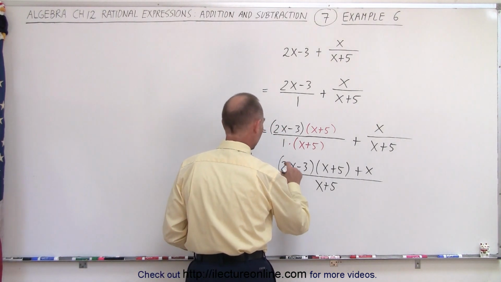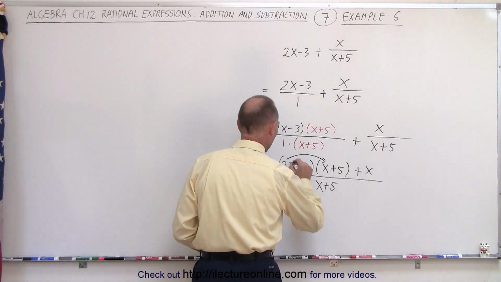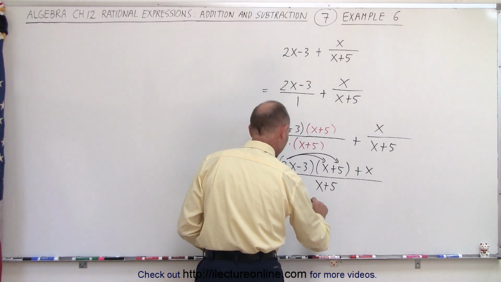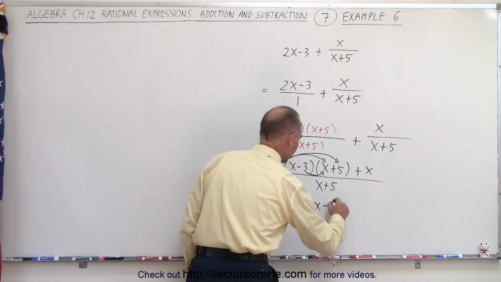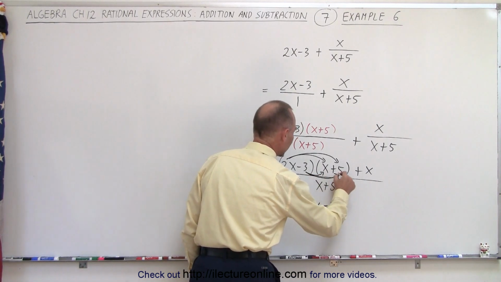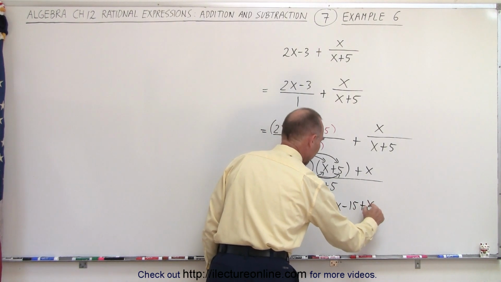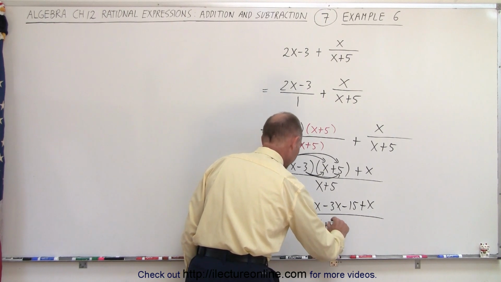So this becomes 2x times x, which is 2x squared, 2x times 5, which is plus 10x. Now we multiply the minus 3 times x, which is minus 3x, and the minus 3 times a positive 5, which is minus 15, and we still have the plus x here, all divided by x plus 5.